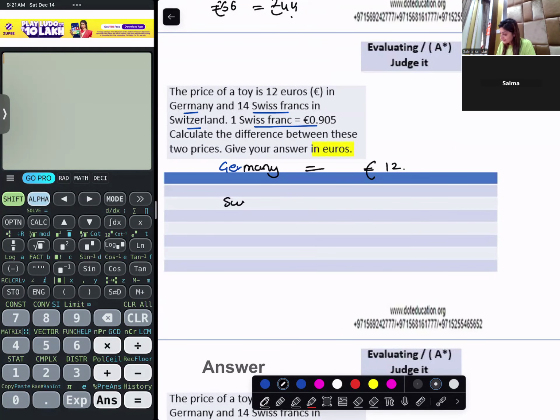In Switzerland, the price of the toy is 14 Swiss francs. I'll convert this into euros. I know 1 Swiss franc is 0.905 euros. They want the answer in euros.